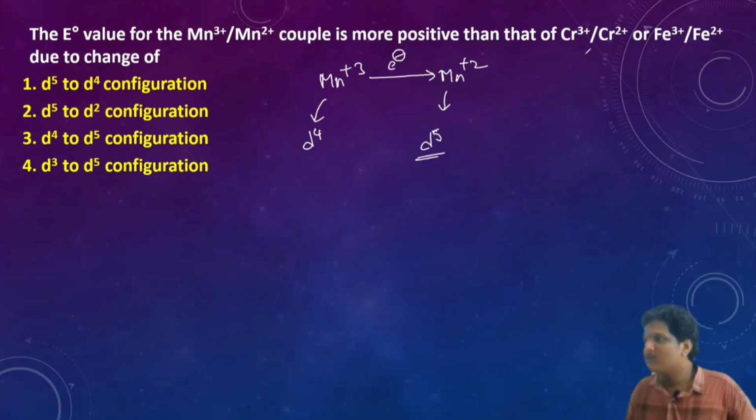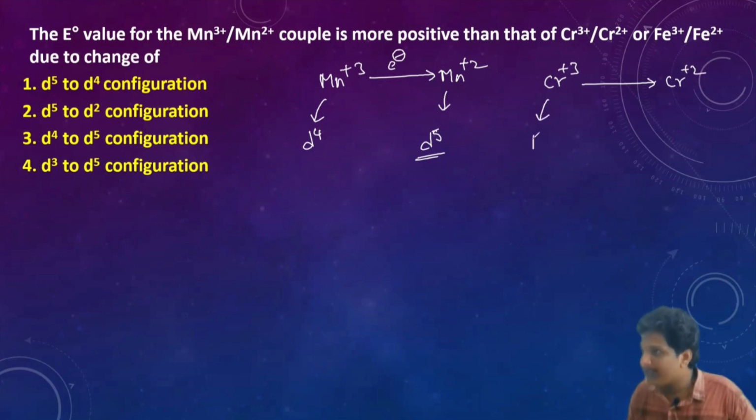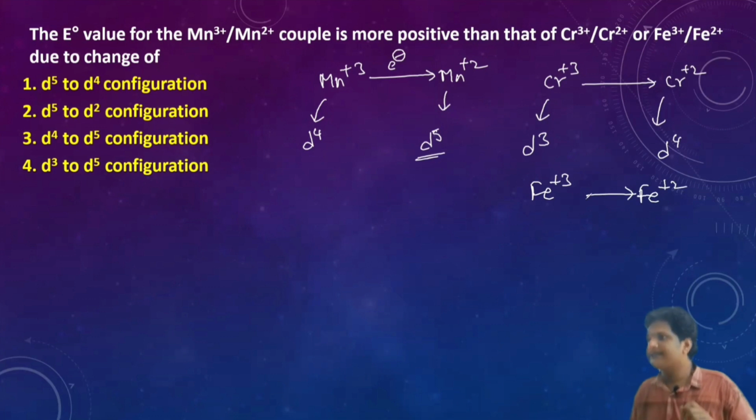Now, if you see chromium, this chromium plus 3 will be converting into chromium plus 2. In chromium plus 3, we have d3 electronic configuration. In chromium plus 2, we have d4, which is not a stable electronic configuration in both cases. If you see iron plus 3 to iron plus 2, in iron plus 3 we have d5. In plus 2, we have d6.